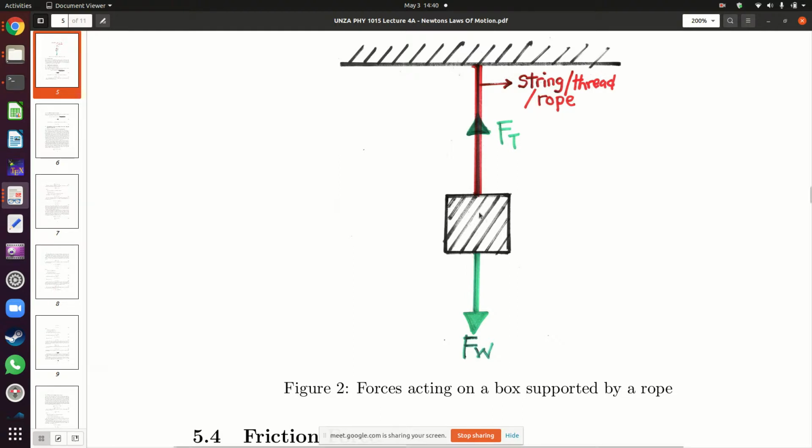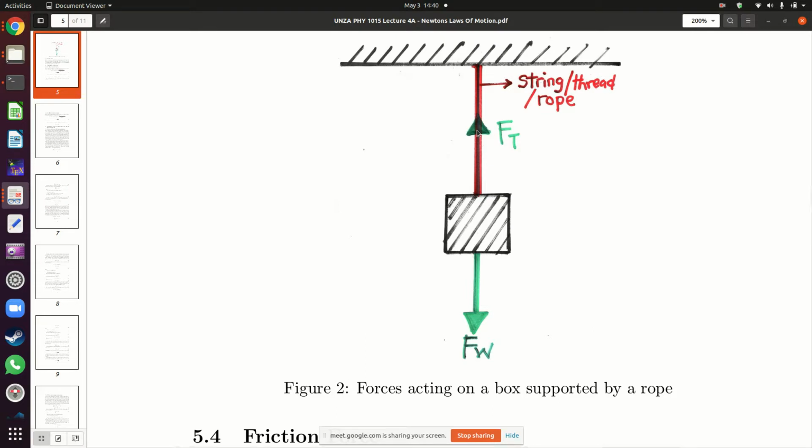This mass has got weight, so the weight of the box is pointing down. The only thing stopping this mass from going down is the force which exists in the string we have tied the mass to. That force is called a tensile force.